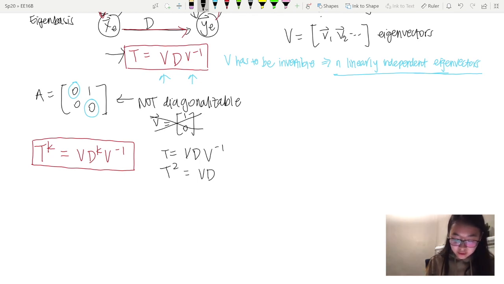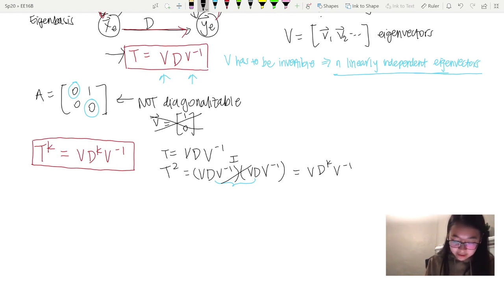Now we take T squared. So then we have V D V inverse times another V D V inverse. Here, you can simplify because in the middle, V inverse times V is just the identity. And then this just becomes V D squared V inverse, since there are two D's now.